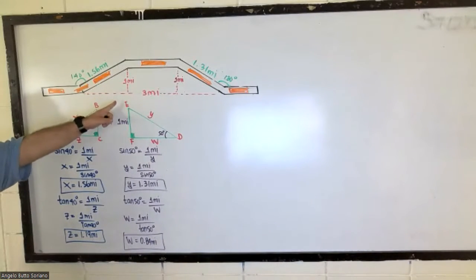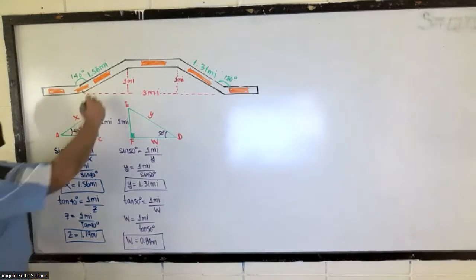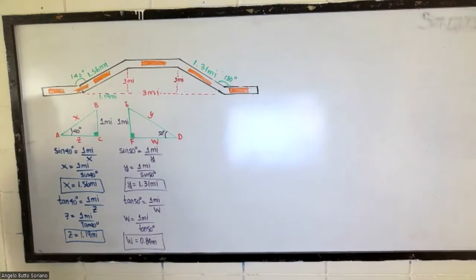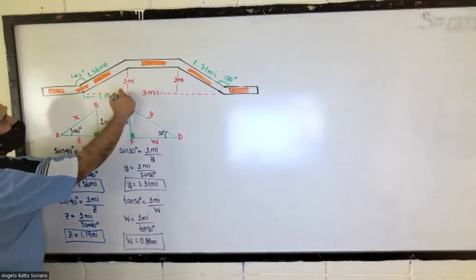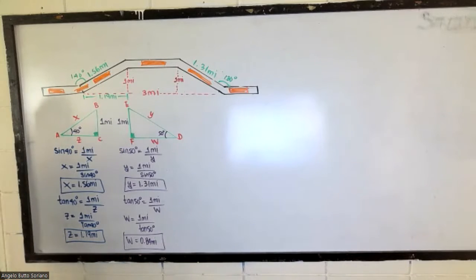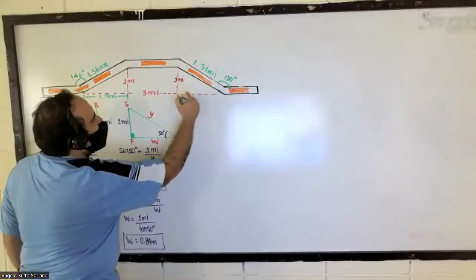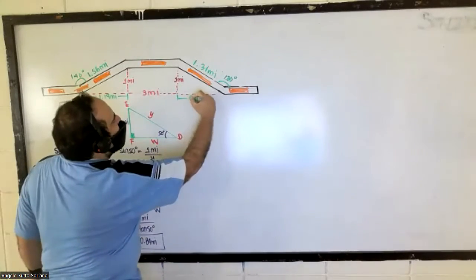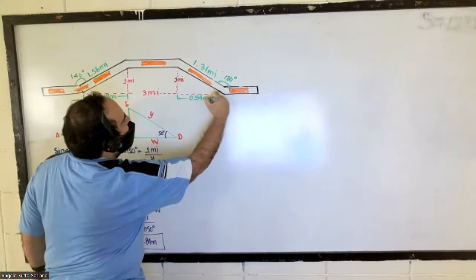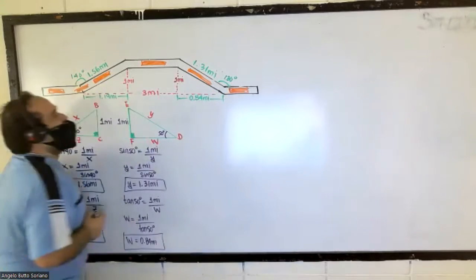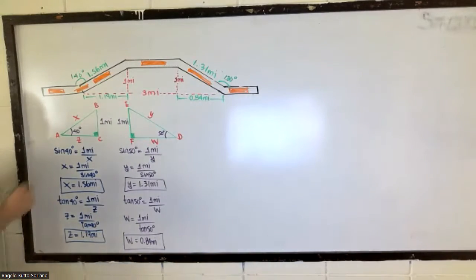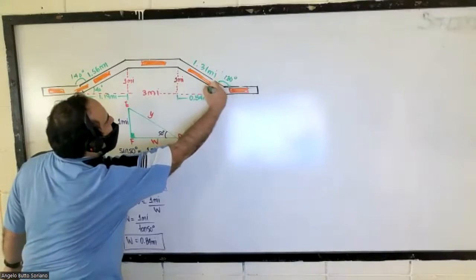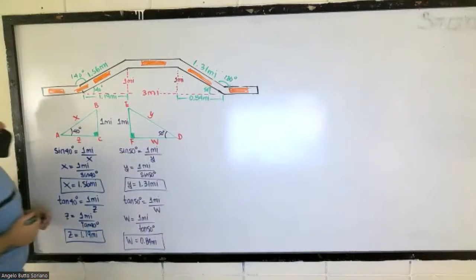Actually, the distance between this point and this point will be 1.19 miles, right? This distance. And the other one over here will be 0.84 miles, okay? And remember the angles, 40 degrees and 50 degrees.